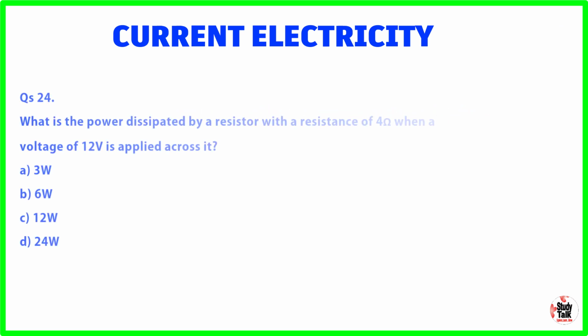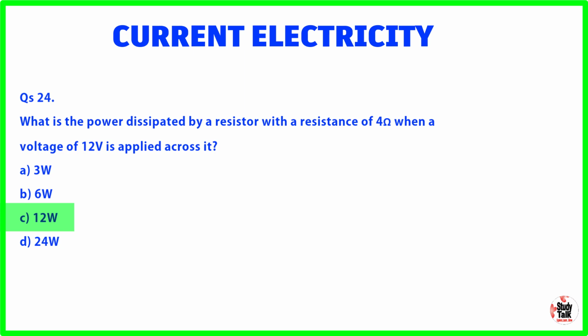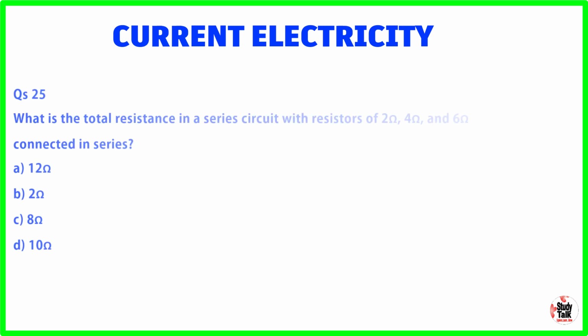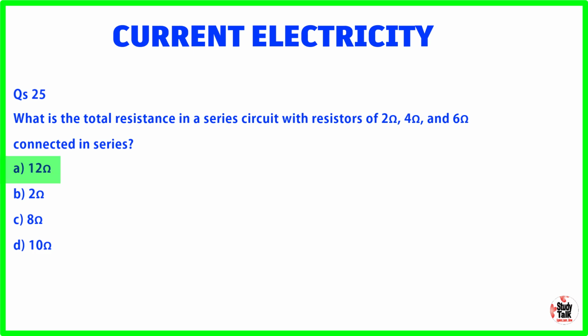What is the power dissipated by a resistor with a resistance of 4 ohm when a voltage of 12 volt is applied across it? 12 watt. What is the total resistance in a series circuit with a resistor of 2 ohm, 4 ohms and 6 ohm connected in series? 12 ohm.